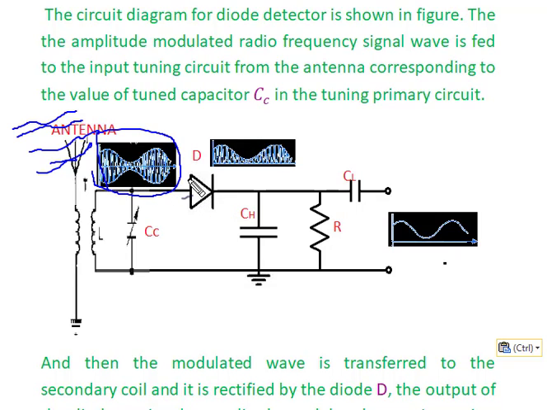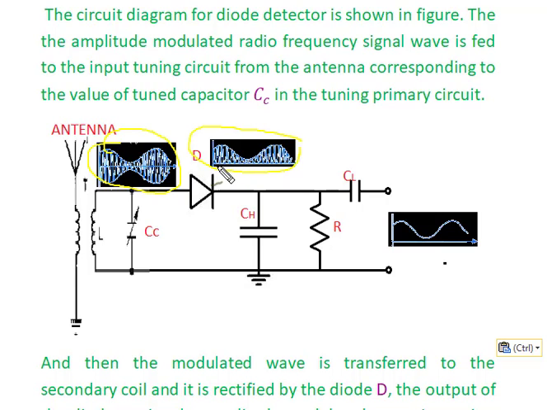The diode rectifies; it is in forward bias, so it allows the upper part only. So the diode gives the output only the upper part.